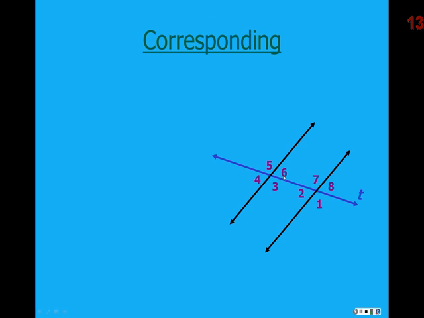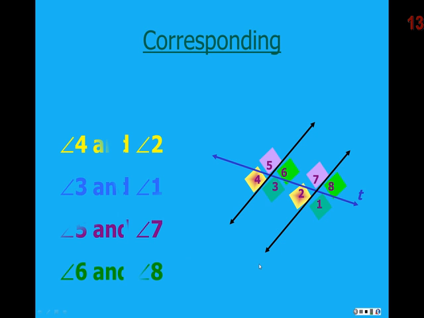So 6 would be equal to what if I picked it up and dropped it? 8. 5 would be congruent to, 4 would be congruent to, and 3 would be congruent to. So you're just picking it up and throwing it on top of each other. They correspond. 4 is the same as 2, 3 is the same as 1, 5 is the same as 7, and 6 is the same as 8.